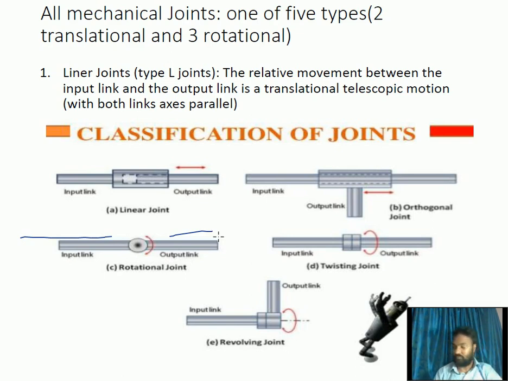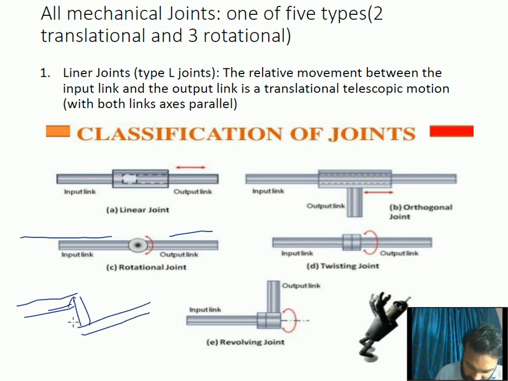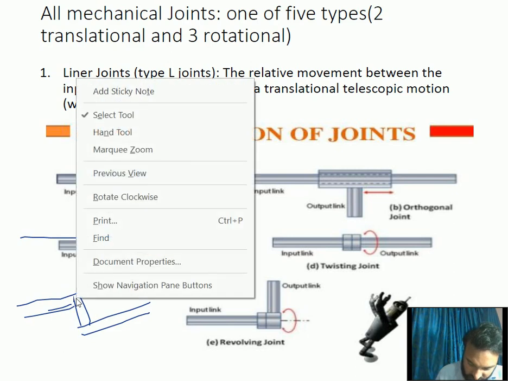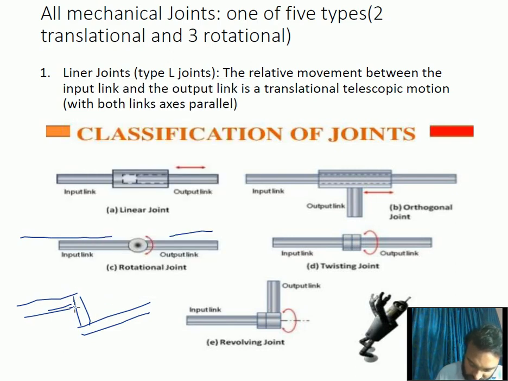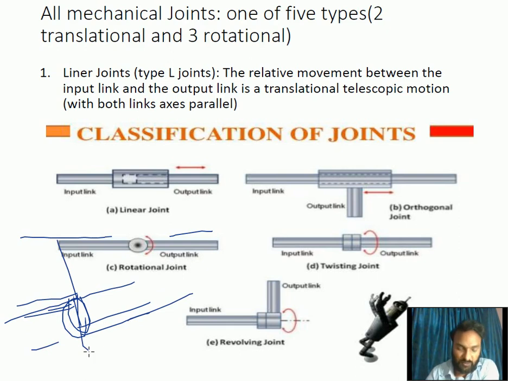In other words, one axis is there, one axis here. So the input axis is this way, the output axis is this way, and the joint axis is normal to the input axis and output axis. So this is called the R type joint, rotational joint.